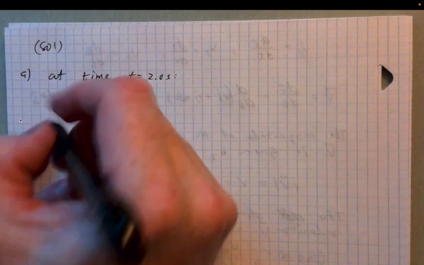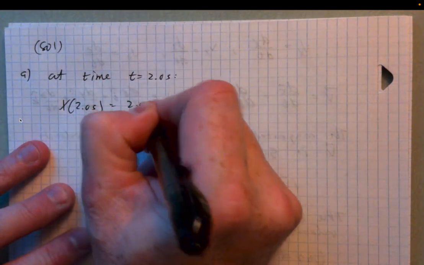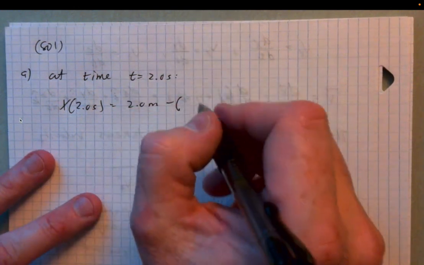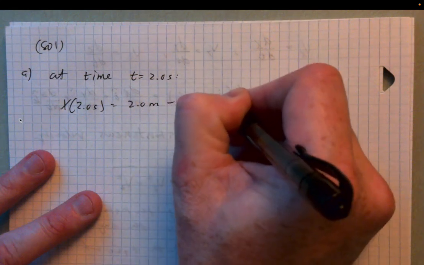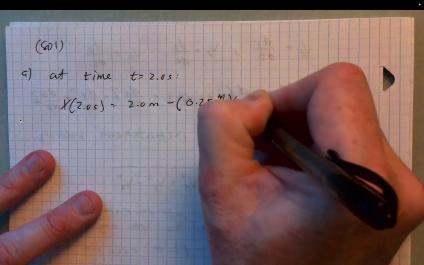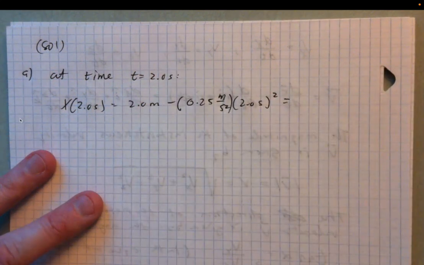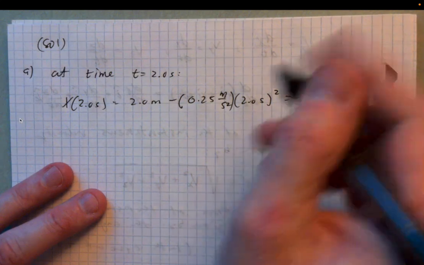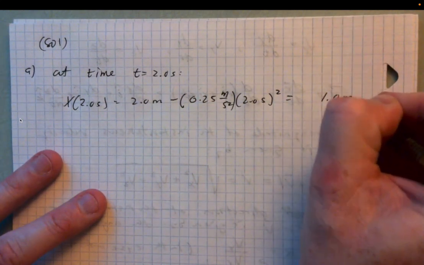Well, x of 2.0 seconds is equal to 2.0 meters minus 0.25 meters per second squared times 2.0 seconds squared. You plug all of that in. It's a straightforward plug and chug, and you get that the x coordinate is 1.0 meters.